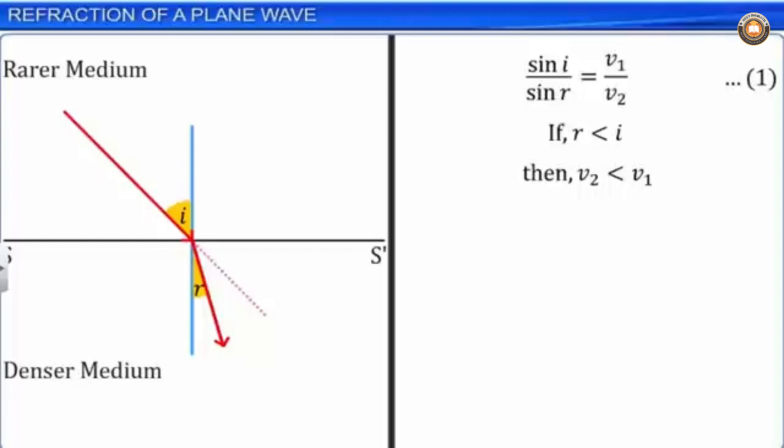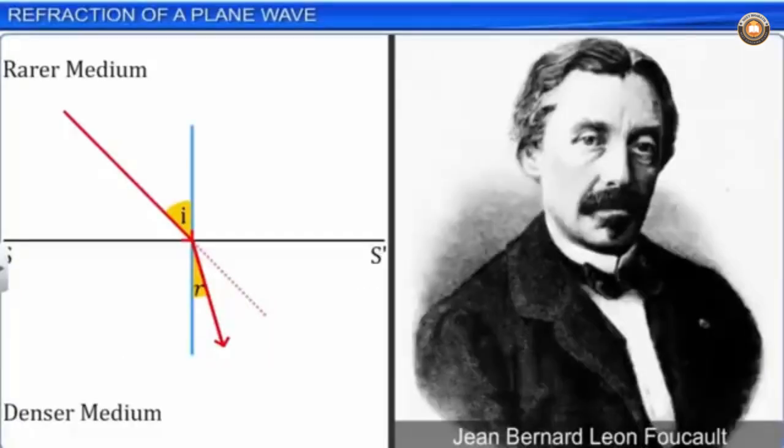This is in contradiction to the assumptions made by Newton in his corpuscular theory of light. In 1850, it was Foucault who first determined the speed of light experimentally and confirmed that the speed of light indeed is less in water than in air.